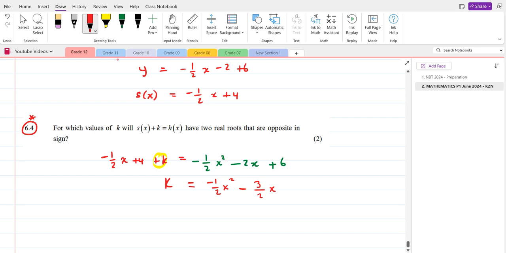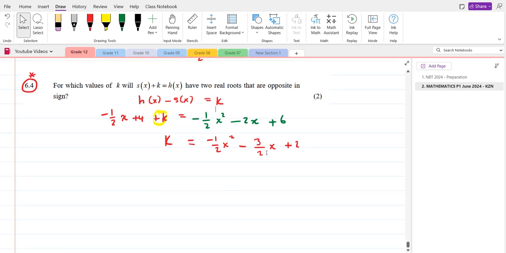And plus 4, we can take this over, you get plus 2. So basically I did h of x minus s of x. So h of x minus s of x is equal to k. That's what I did. Now I'm going to work on two real roots that are opposite in signs. It needs to be opposite in signs.